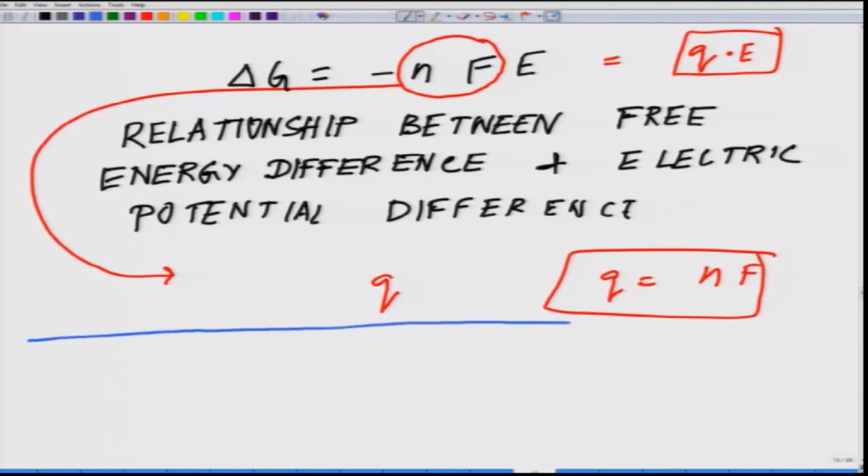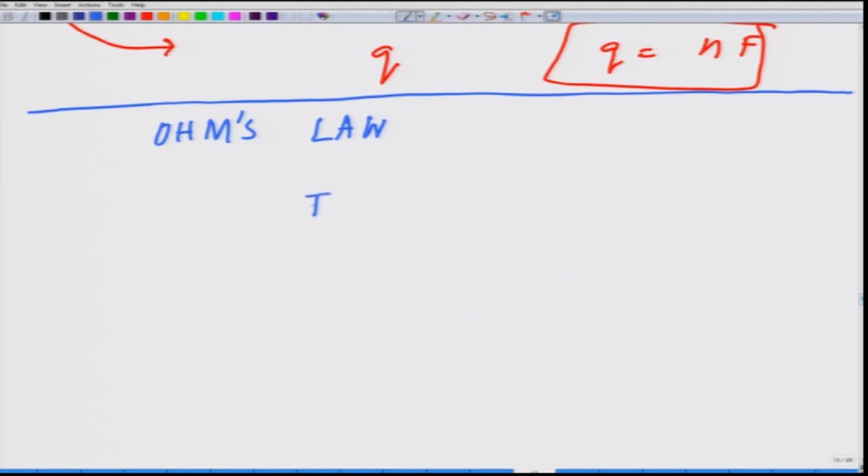Next, we will move on to the most fundamental, which is Ohm's law. Ohm's law states that I is equal to E upon R. Some people write E as V, which is voltage or potential difference.